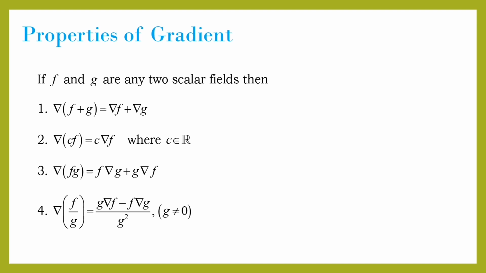The first property is del of f plus g equals del f plus del g. The second property is del of cf equals c times del f, where c is a constant. The third property is del of fg equals f del g plus g del f. The last property is del of f by g equals g del f minus f del g upon g square.